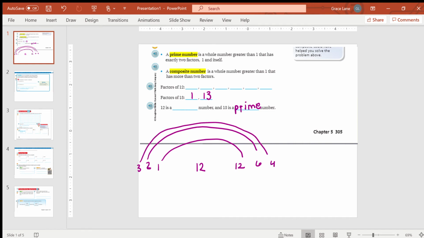So the factors of 12 are, I'm going to put them in order from least to greatest, 1, 2, 3, 4, 6, and 12. So because 12 has more than 2 factors, it is called a composite number.